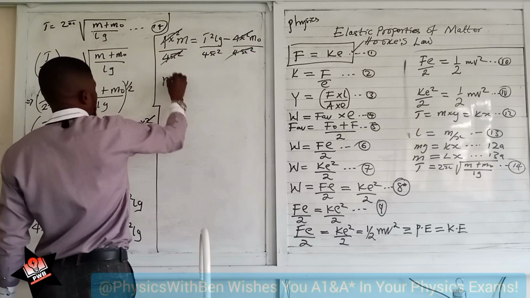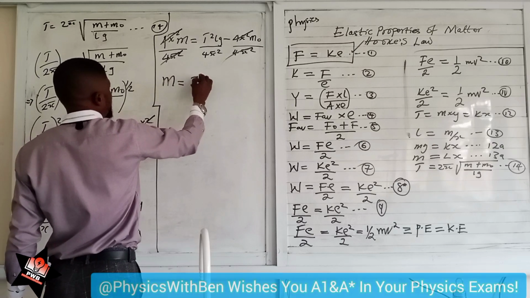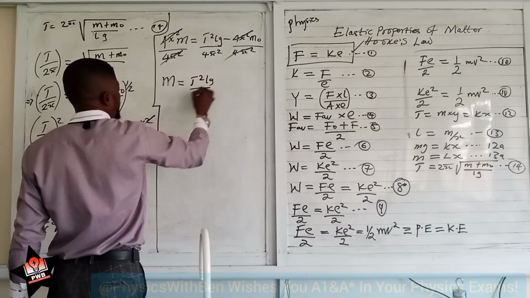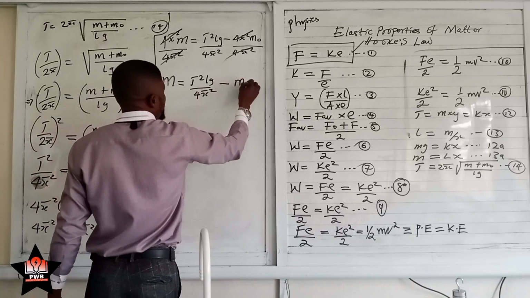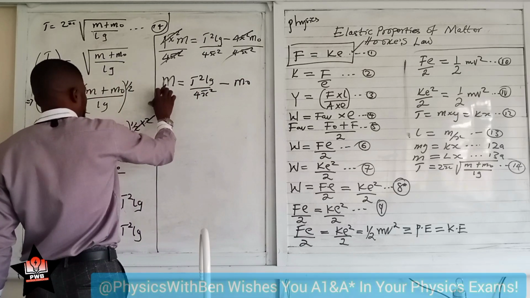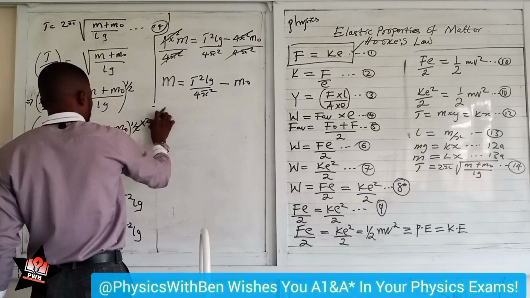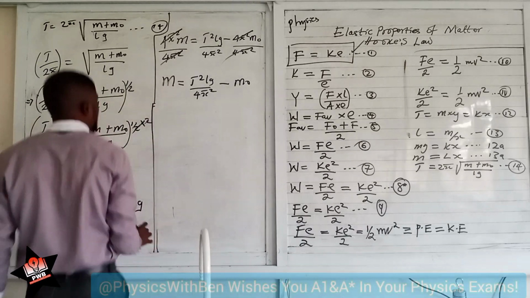So that we have our m is equal to T squared lg all over 4π squared minus m naught. We rearrange this equation. Good.